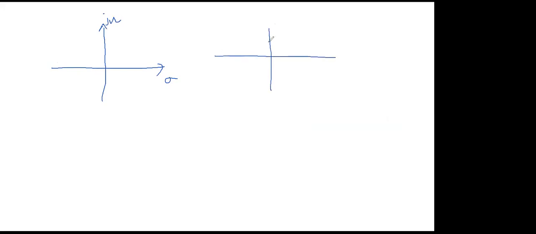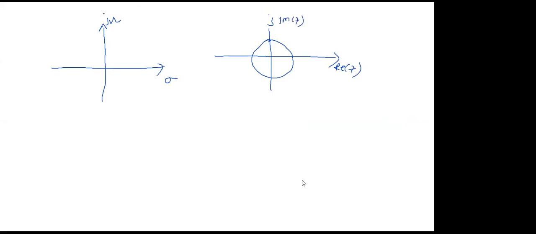Like this. I already showed it to people, but again I will show you. Simple, this is sigma, this is the j omega axis, and this is the real part of z and j imaginary part of z.